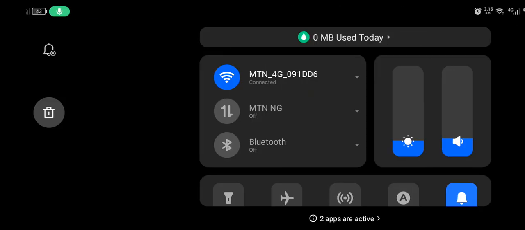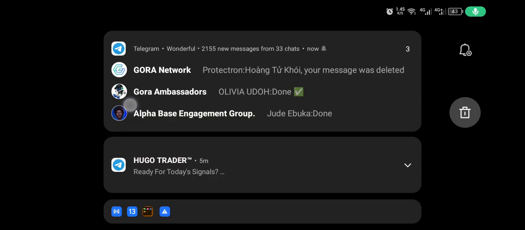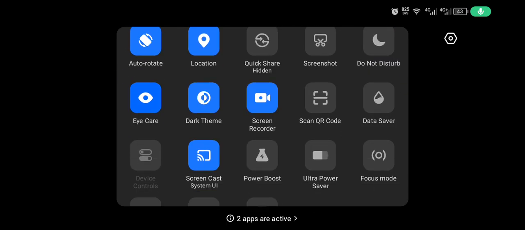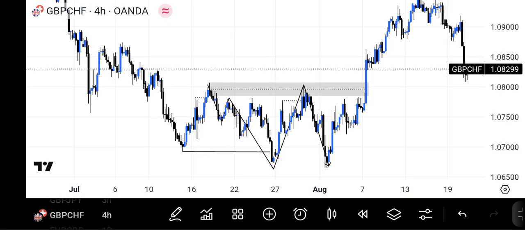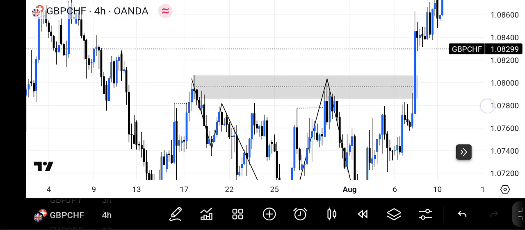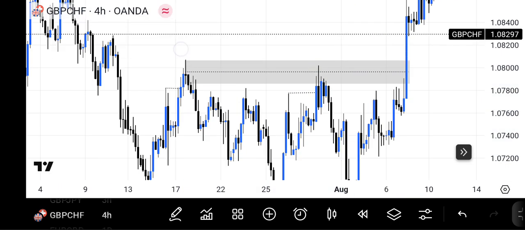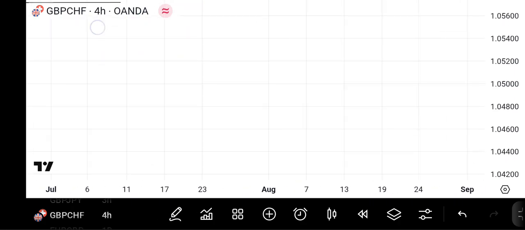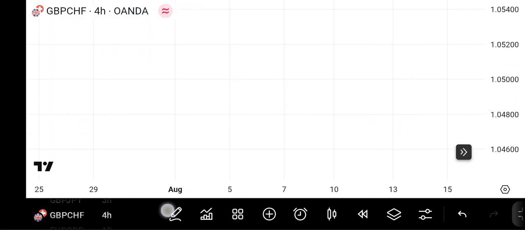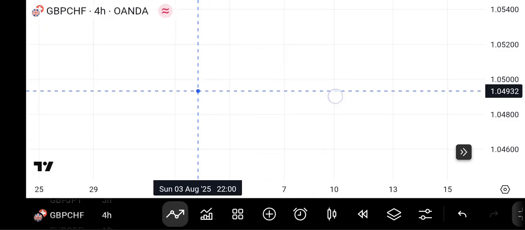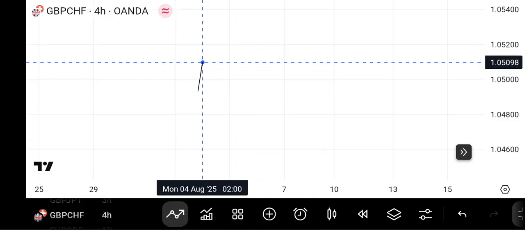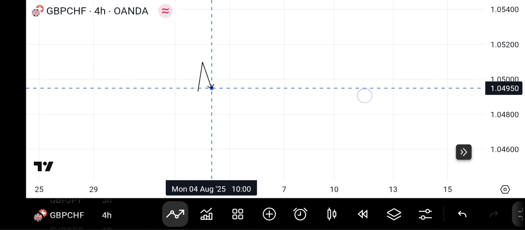So I'm going to explain this in detail. This is the first move, probably to induce buyers or sellers, but at this point I want to be using a bearish case.